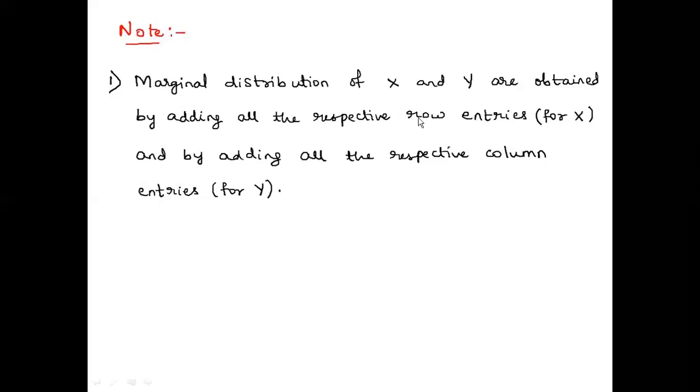So the marginal distribution of x and of y are respectively obtained by adding up all the row entries and all the respective column entries in the joint probability table. When we add up all the row entries, we obtain the probabilities for x. Similarly, when we add up all the column entries in the joint probability table, we obtain the probabilities with respect to y.